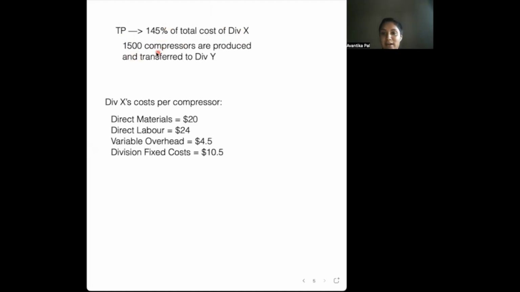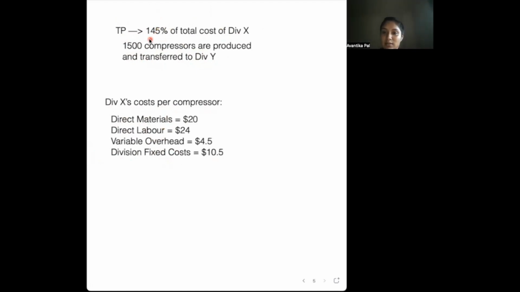And 1,500 compressors are manufactured and then transferred to Division Y. So based on the data they gave us, this is Division X's cost per compressor. You've got your direct materials, direct labor, variable overhead, and the division fixed cost.